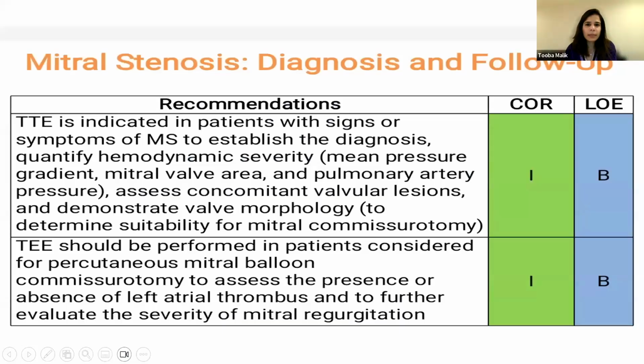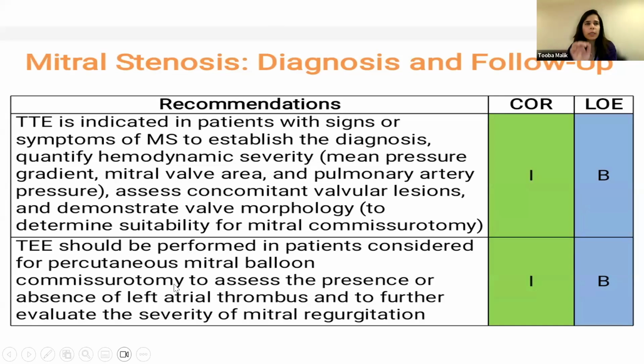So again, these are some guidelines, class 1, class 2 indications. Like class 1 indication, TTE is indicated in patients with signs or symptoms of MS to establish the diagnosis and quantify the hemodynamics. And TEE, which is your esophageal echocardiogram, should be performed in patients considered for percutaneous mitral balloon commissurotomy.